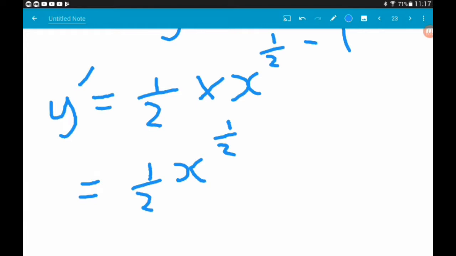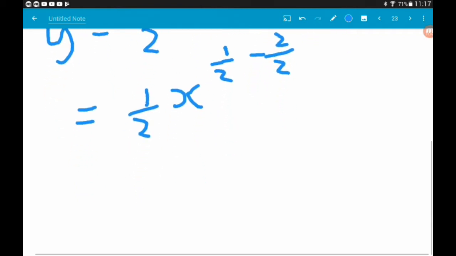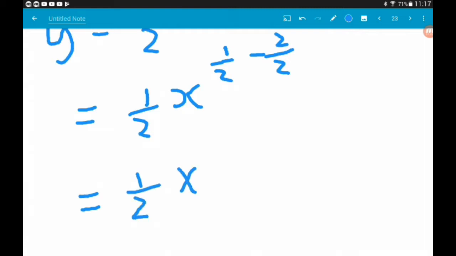So we're doing 1/2 minus 2 halves as our power. So what we're going to get is 1/2 times x to the minus 1/2. 1/2 minus 2 halves gives us minus 1/2.